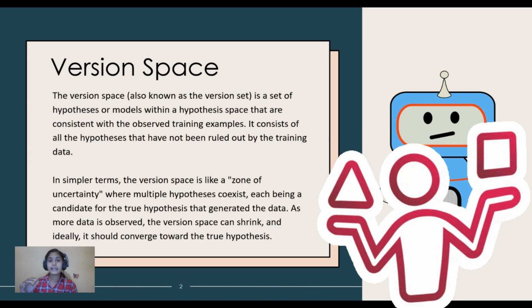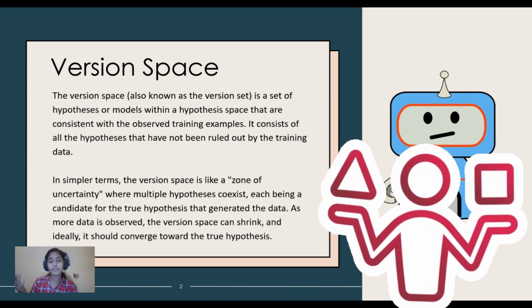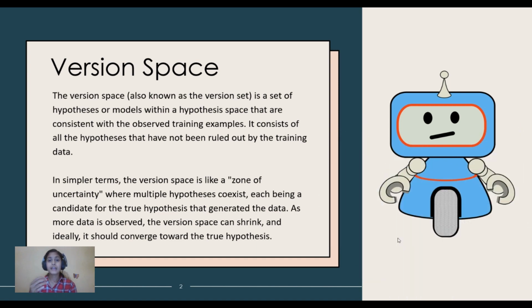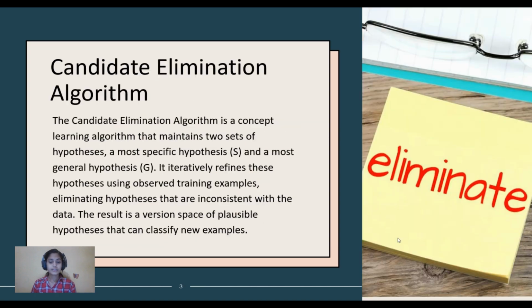We were comparing the hypothesis with previous examples, and we were comparing the present hypothesis with present examples also, to eliminate the hypotheses if they are inconsistent. So we were shrinking the hypotheses. That is what the sentence is saying. Now let's go to the next slide.